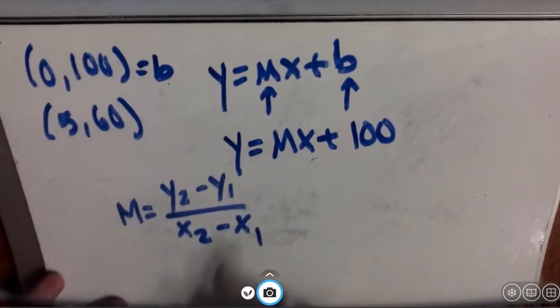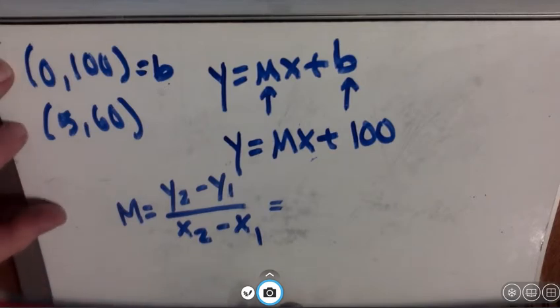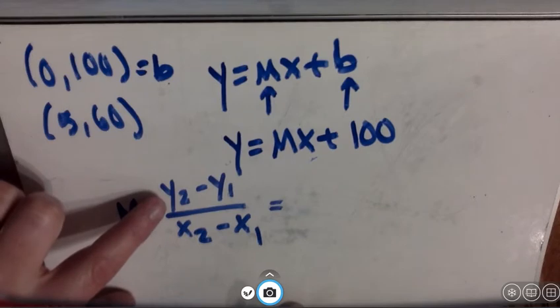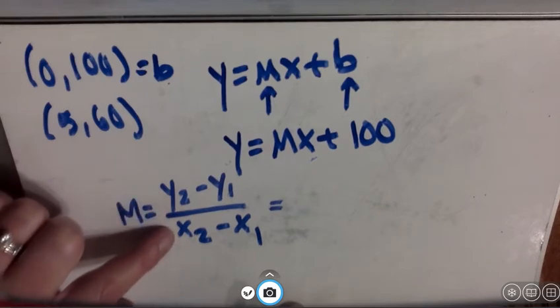I don't expect you to necessarily keep that memorized or anything like that, but I do expect you to try to use it. I don't care which of these 2 points you decide is your first point or your second point. This could be your first point, this could be your second point, or vice versa. I do not care. Just make it easy on yourself and make sure whatever you choose for your y value for the second point, you put its corresponding x value directly down below it.